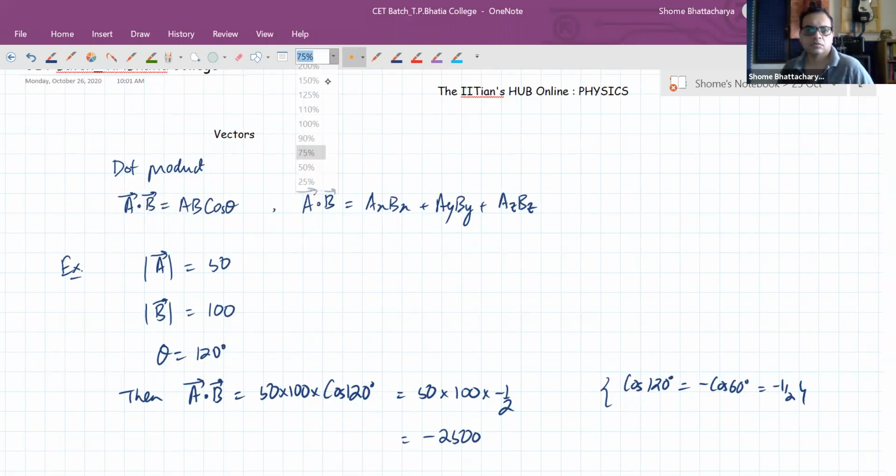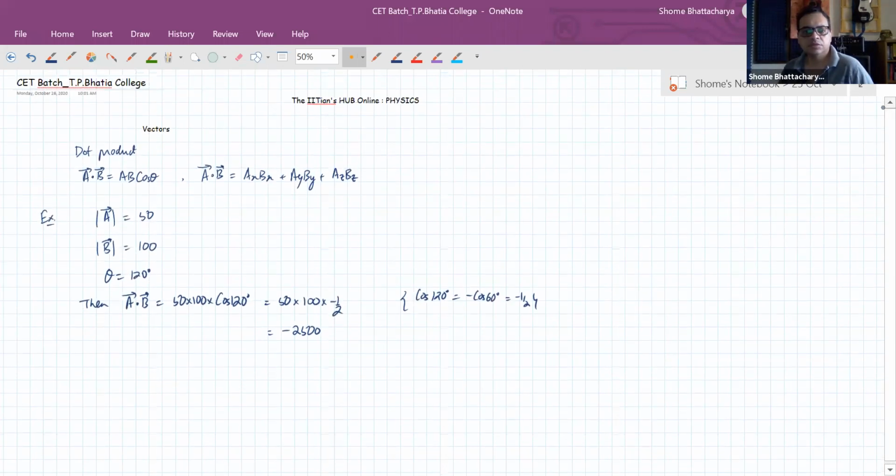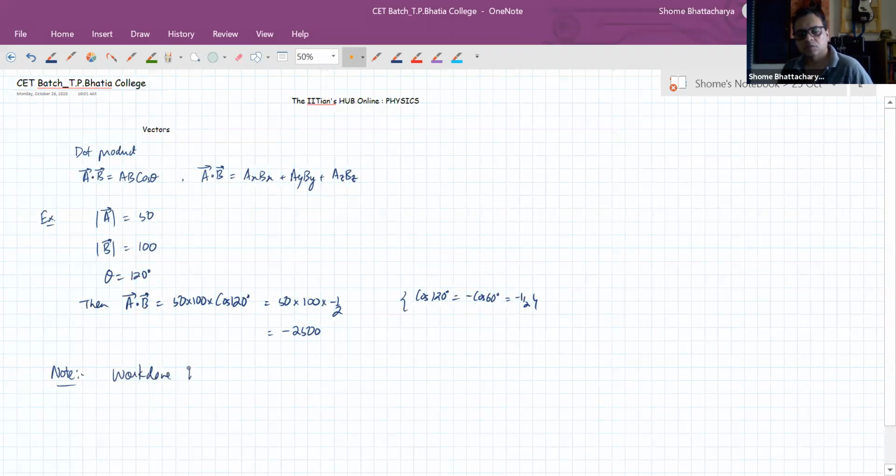Now going forward, we will discuss things we apply dot product for. So in physics, work done by a force is defined as the relation F dot S, where F is force and S is displacement.